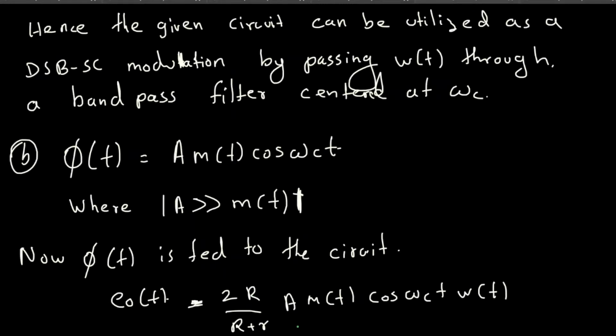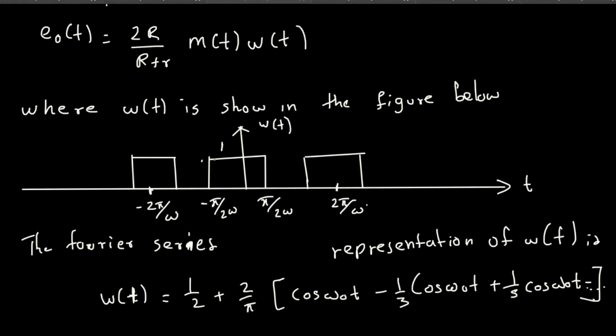Now we have W of t, that is basically the square signal provided to us in the question, and the Fourier series of this one is represented by this. So let's go ahead and rewrite that one.